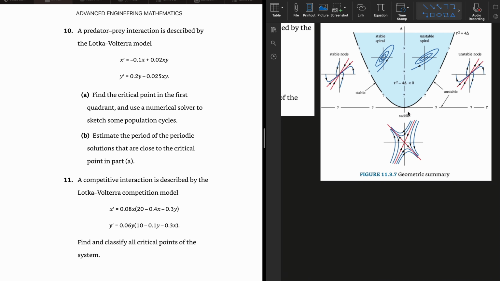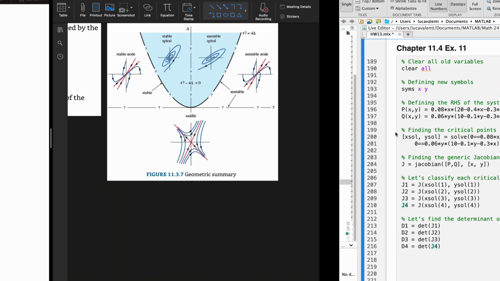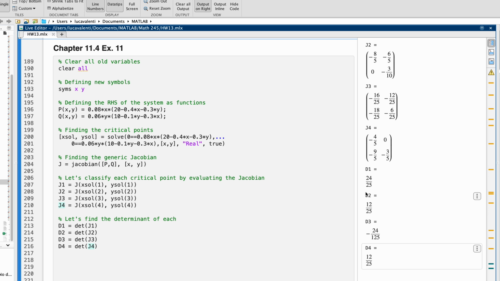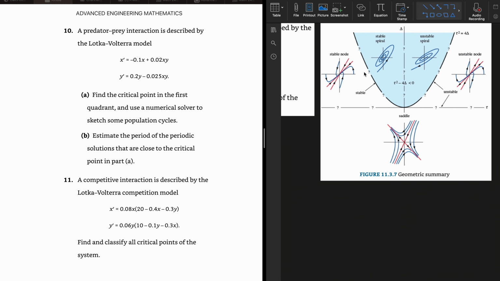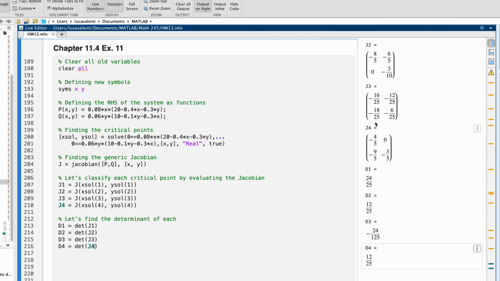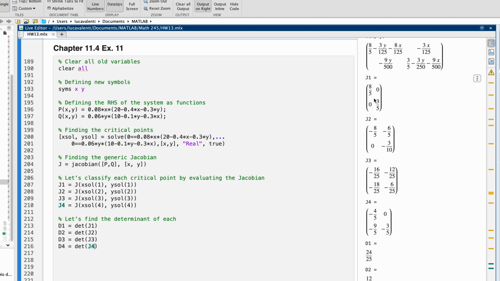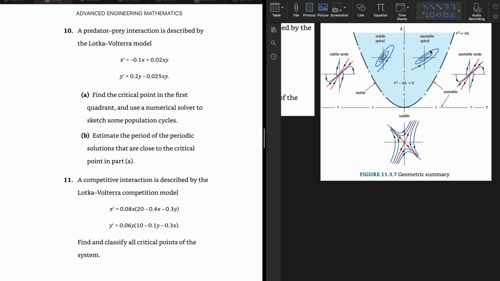When the determinant is negative, we're talking about a saddle, and we'll confirm that later. Now, when the determinant is positive, so here the determinants are positive, now we have a little bit of a problem here because this is unstable, but is it an unstable spiral or is it an unstable node?